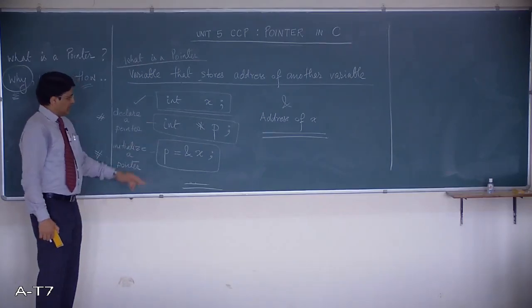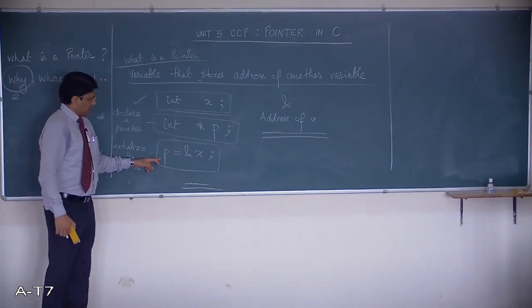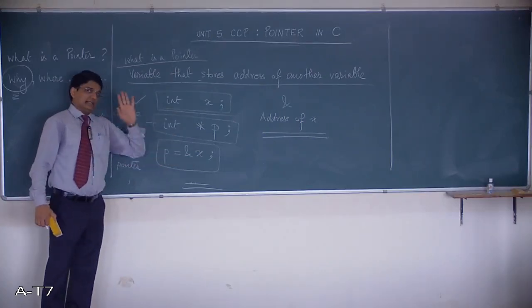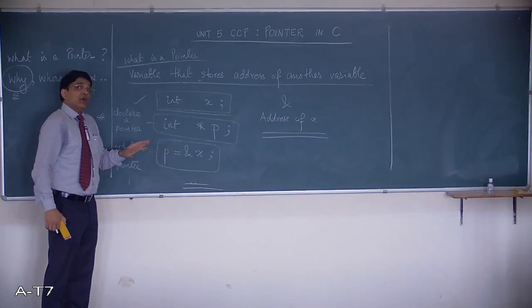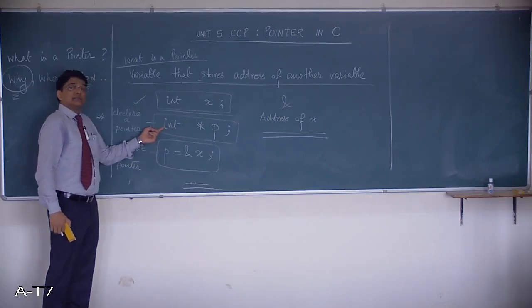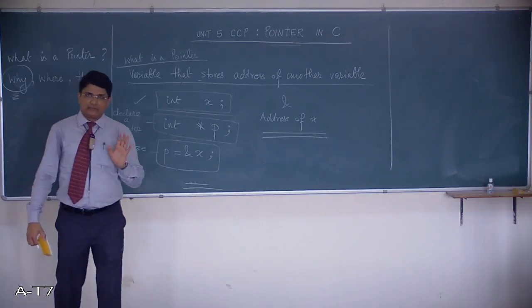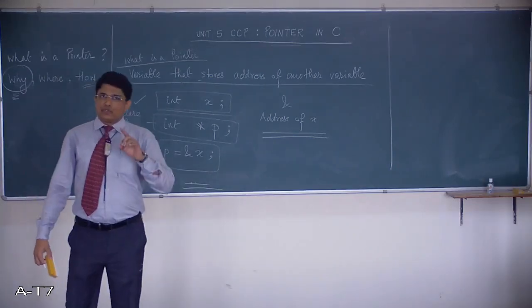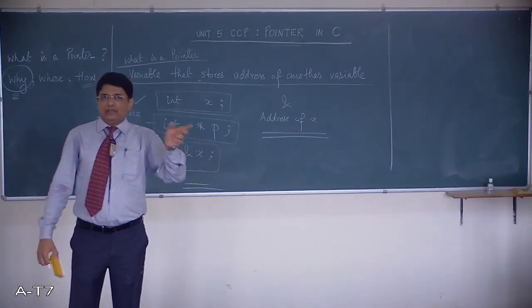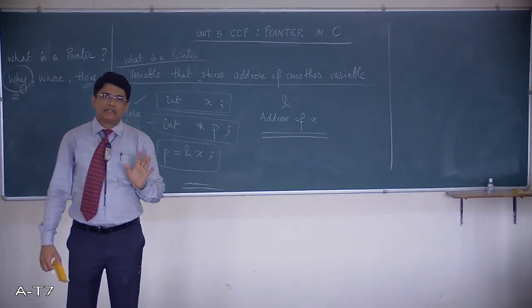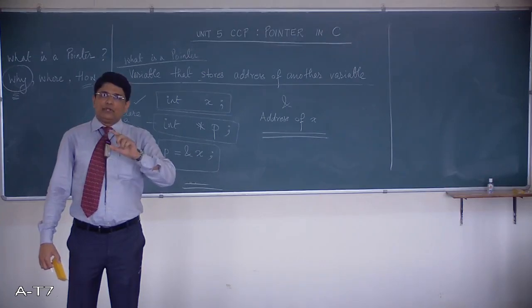What does this data type mean actually? Now, P is storing the address of X. X is integer, hence P also should be declared as integer. That is compulsory in programming. If you are storing the address of a character variable in some pointer, that pointer variable has to be declared as character type.